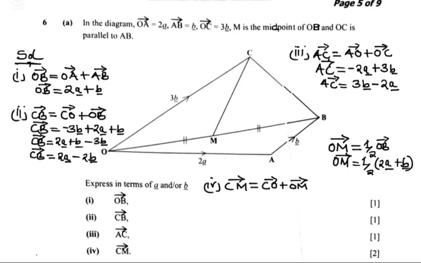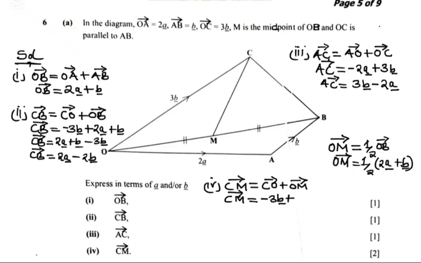So for the solution, CM vector is going to equal CO. This is the negative of OC, so this is going to be negative 3B vector, then plus OM. Here OM was half of OB, which is half of 2A plus B in brackets.